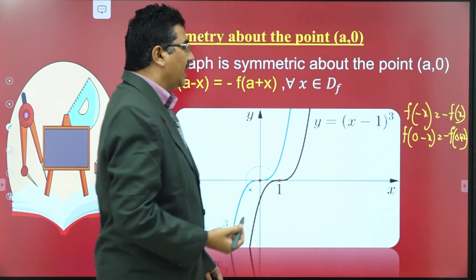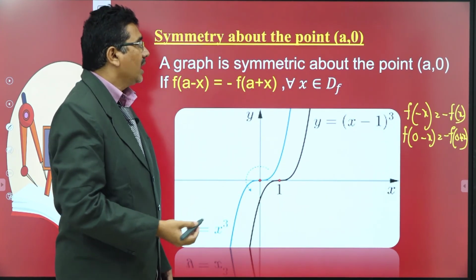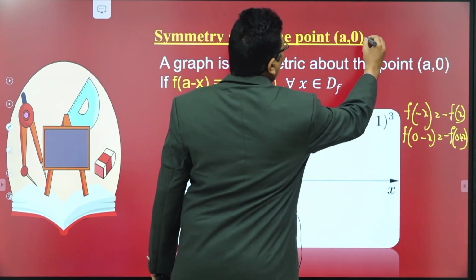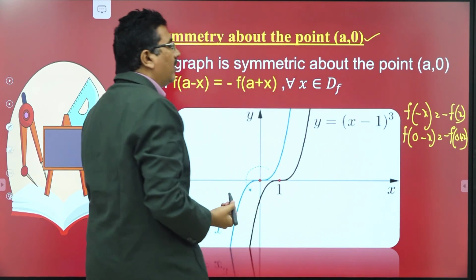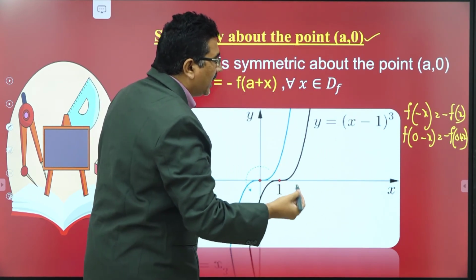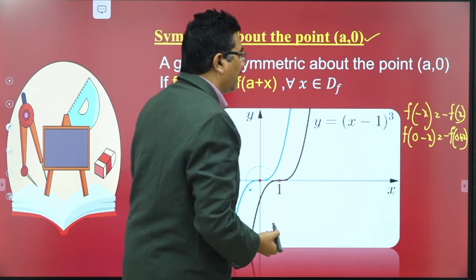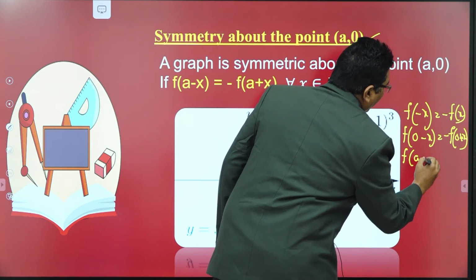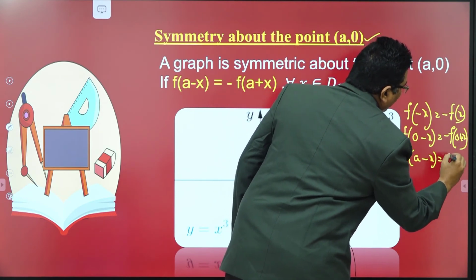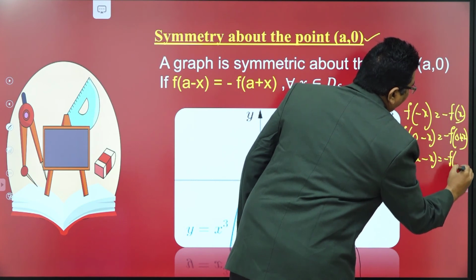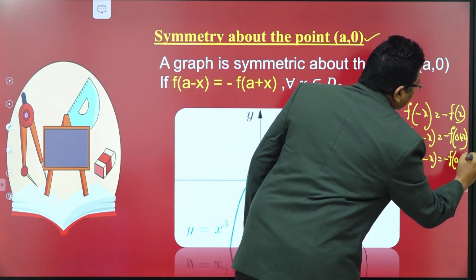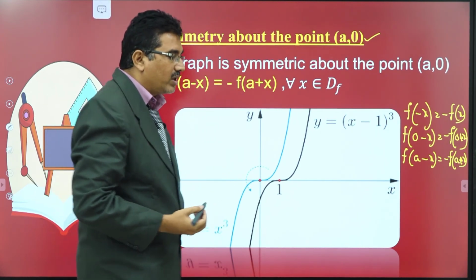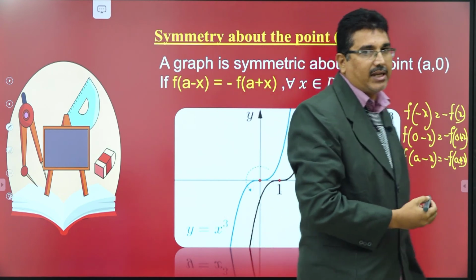Now, for symmetry about the point (a, 0), we put a in place of 0: f(a minus x) is equal to minus f(a plus x). This is the condition for a function to be symmetric about the point (a, 0).